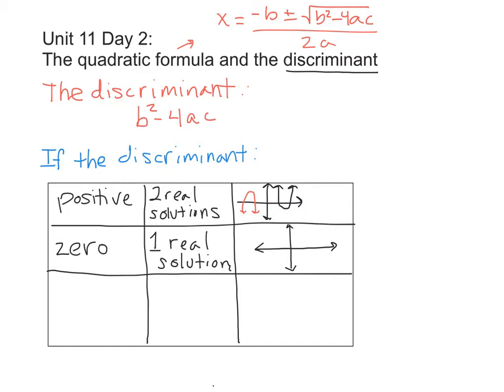So it just comes down and hits the x-axis at 1 spot. There we go. So it touches the x-axis in 1 place, just one of those. That's what it potentially looks like.